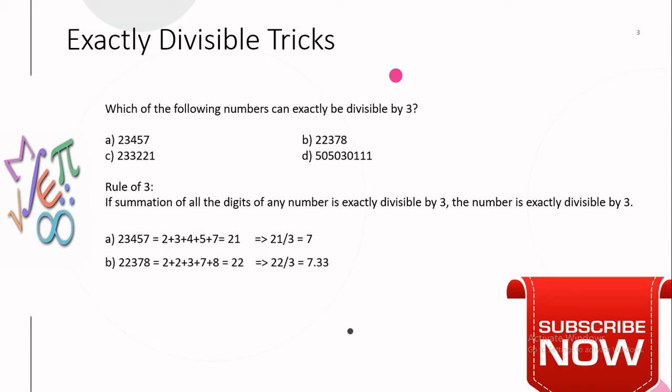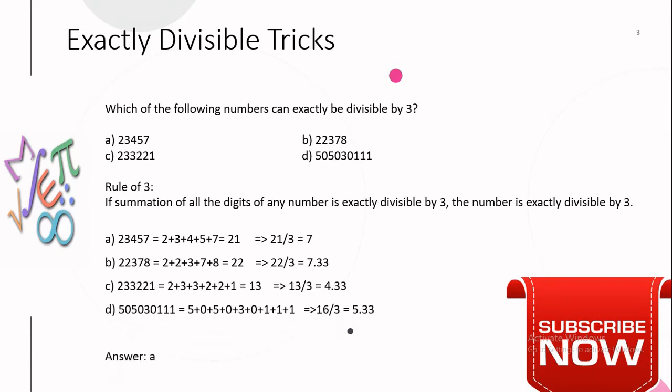If we sum up 2 plus 2 plus 3 plus 7 plus 8, we get 22, and 22 divided by 3 is 7.33, so it is not exactly divisible. Doing this with options C and D, we get 4.33 and 5.33, which are not exactly divisible. So the answer is A.